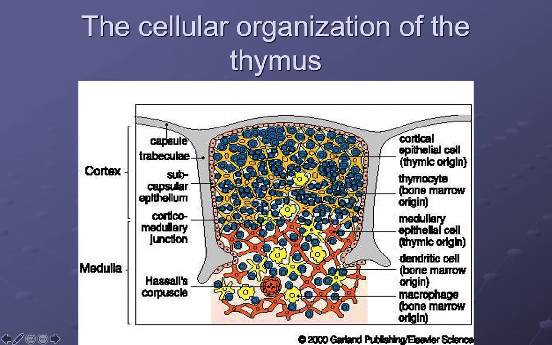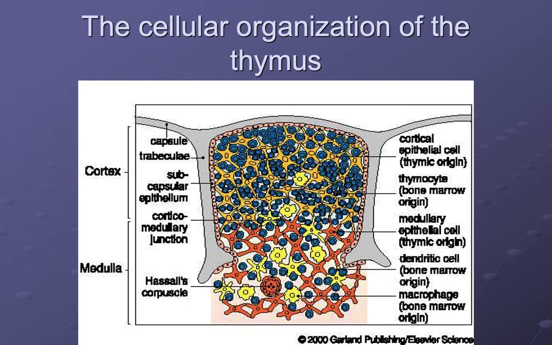Aside from the regions that we've mentioned already in our earlier modules, there is also the capsule surrounding the thymus. The capsule serves as a connective tissue material that surrounds the entirety of the thymus, actually surrounding the lobes produced within the thymus.